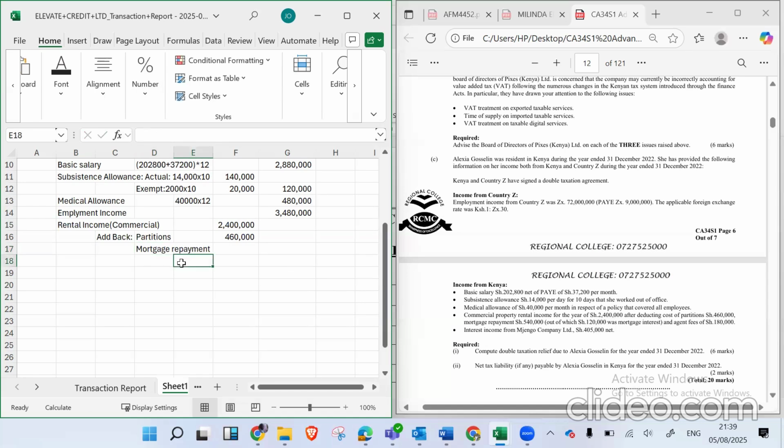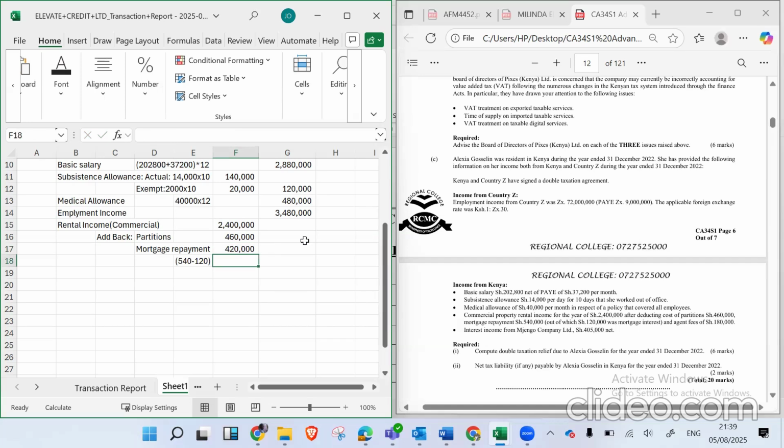And the mortgage repayment, out of the 540 kuna interest ya 120. So you add back the 540 minus 120. So equals 540 minus 120. We add back the 420.